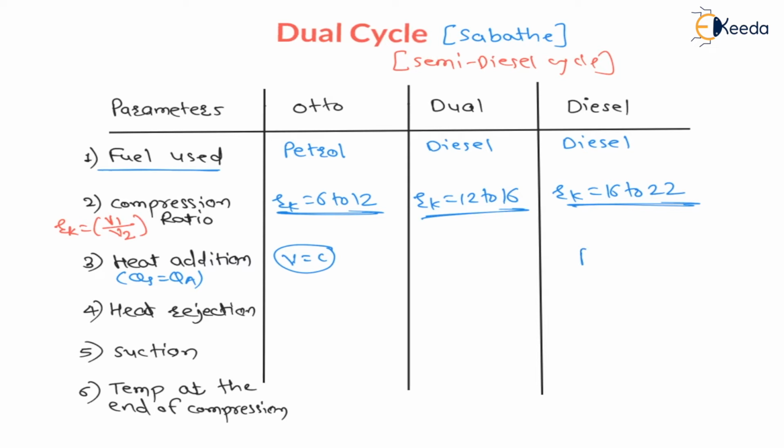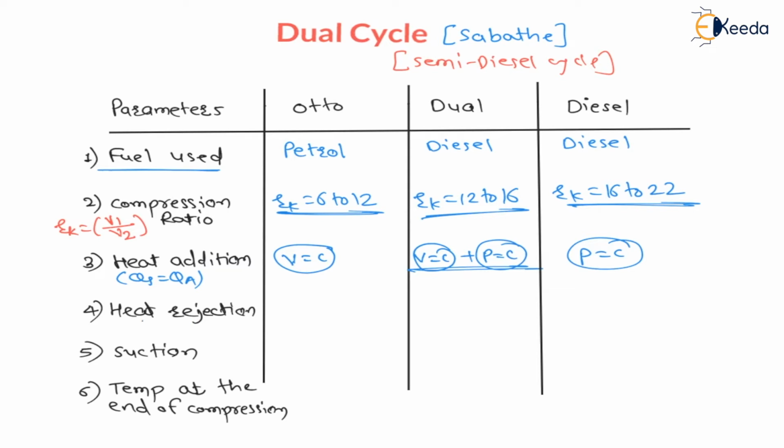For the dual cycle, the heat is added first at constant volume and then at constant pressure. Therefore, for the dual cycle, heat is added both at constant volume as well as constant pressure processes. This is the heat addition order: firstly the heat gets added at constant volume, and after that the heat gets added at constant pressure.